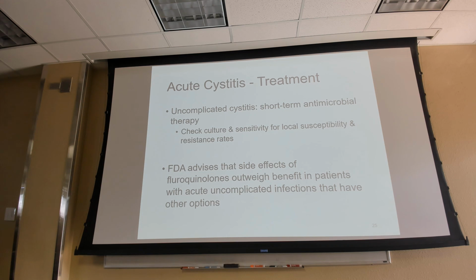All right. So this is a big one. E. coli resistance rates are vastly different depending on where you go. All right. So, way back in the day, we would just throw fluoroquinolones at everything. And then you'd use Septra for a lot of things, but I can tell you here in San Antonio, E. coli resistance to Septra is upwards of 25%.